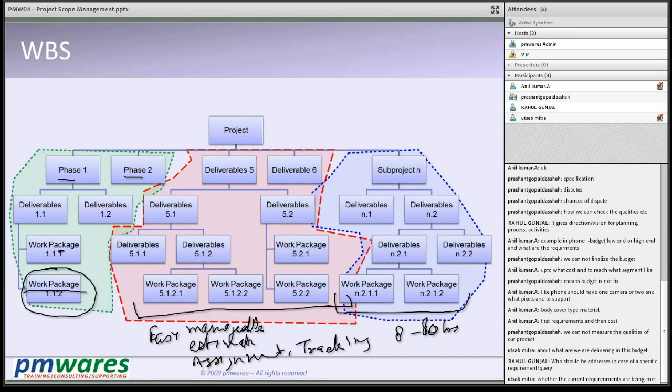That means no less than 8 hours and no greater than 80 hours. The work package should be somewhere between 8 to 80 hours. It's not a hard and fast rule, but it's a good guide. If you think some work package is less than 8 hours, think twice. If some work package is going beyond 80 hours, think twice. Can you subdivide it?